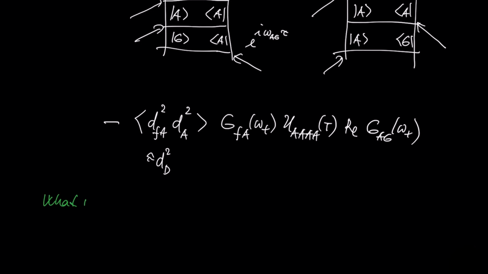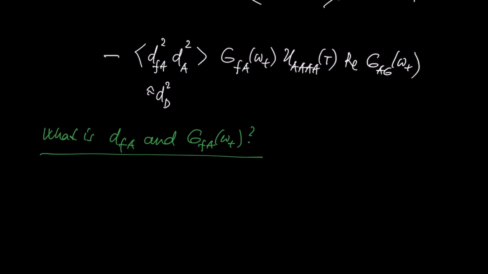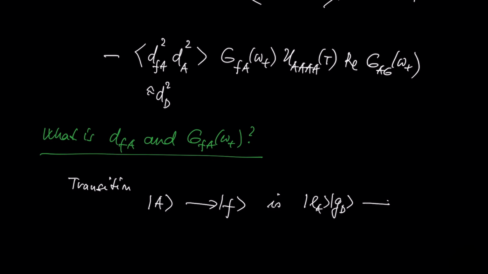So what is dFA and GFA of omega T? We can easily identify that the transition A to F is the transition from EA GD to EA ED.